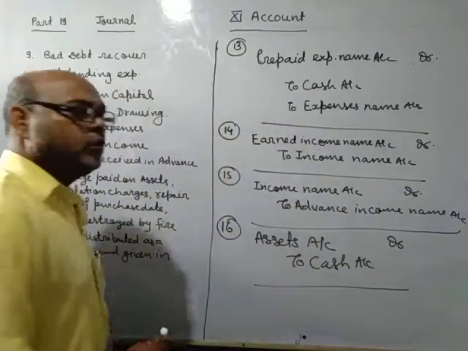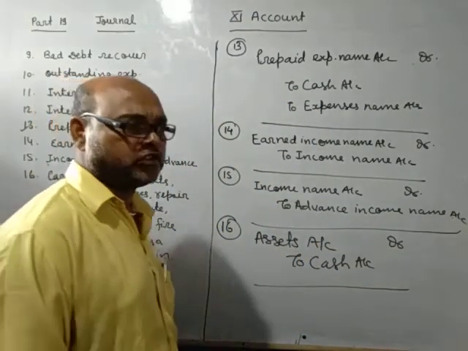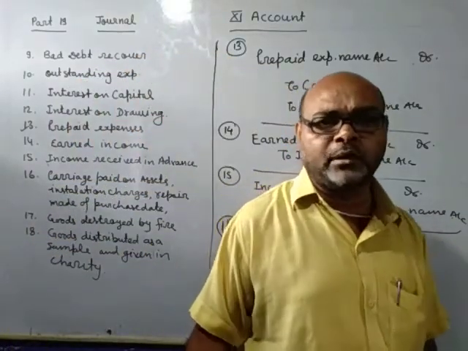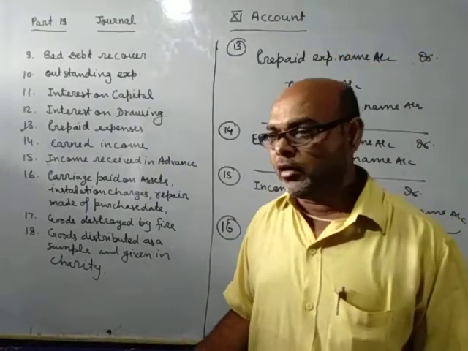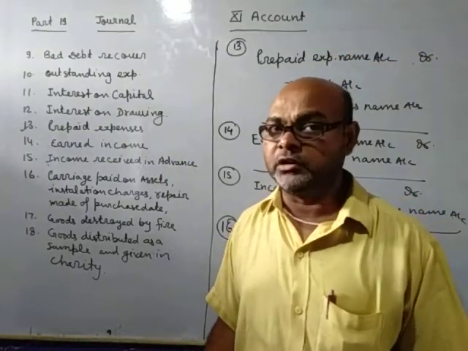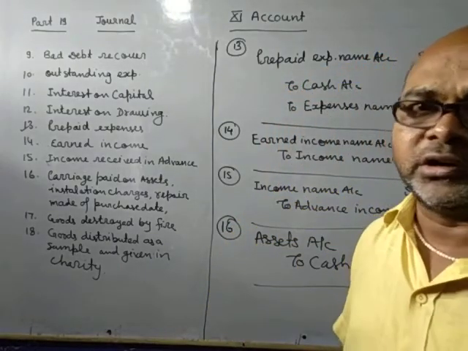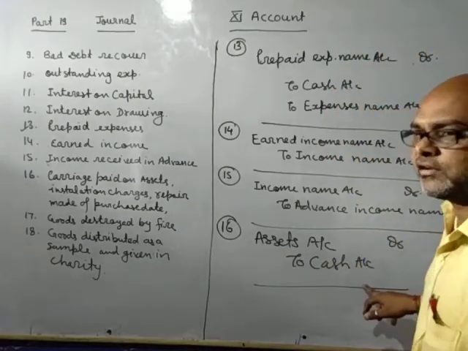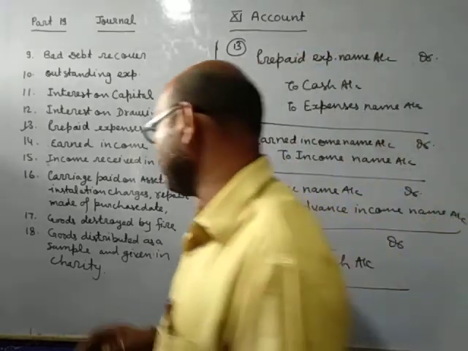For example, you purchase a second-hand bike for 20,000, and after purchasing, the same day you make some repair. Before using, you make the repair on this bike of 10,000. The cost of the bike for you will be 30,000. So for this repair, you will say bike account debit to cash account. You will not say repair account debit to cash account.